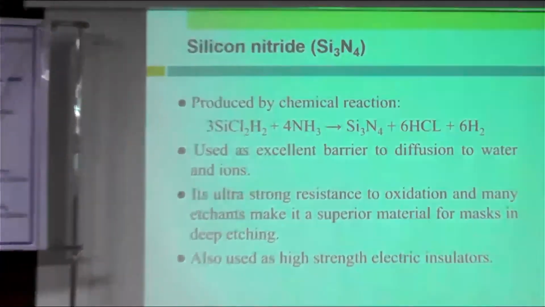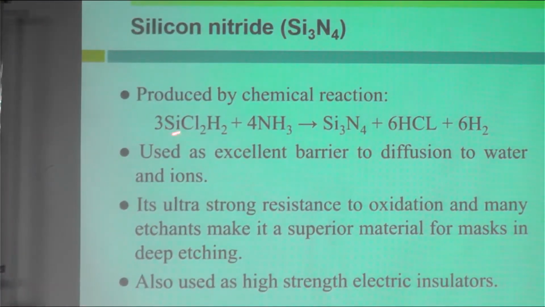And next is silicon nitride, produced by chemical reaction, as shown here. It is an excellent barrier to diffusion of water and ions, and is ultra strong in resistance to oxidation and many etchants, which makes it a superior material for masks in deep etching. Deep etching is a process where you bombard ions of gas in order to remove material or to create a structural form.